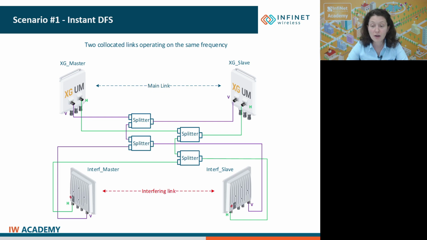The traffic is generated from the computer behind the interfering slave device, and this will only create interference at the reception of the XG slave device, as you will see. In the direction that we generate traffic, the splitter allows the communication without introducing significant attenuation. Let's see what happens.